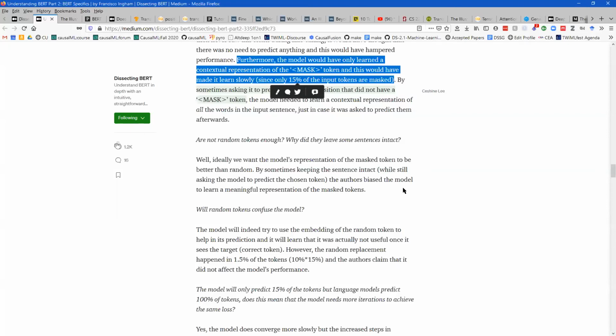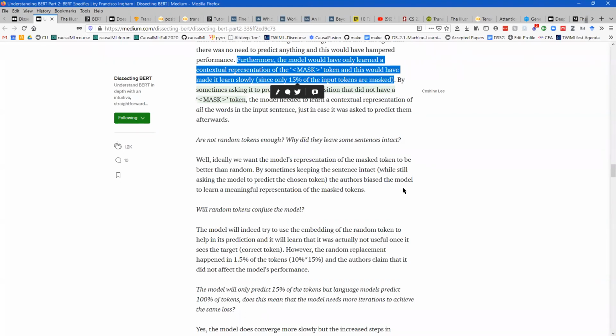I think that part is clear, right? If you were to always replace it with the mask token, then the model would assume that I need to calculate good contextual embeddings only for the mask tokens, since that is the only time I'm being asked to predict anything. So it would not bother to make good contextual embeddings for any of the other words.